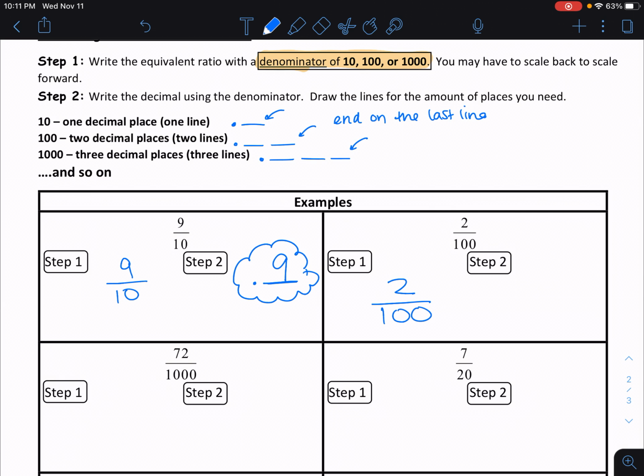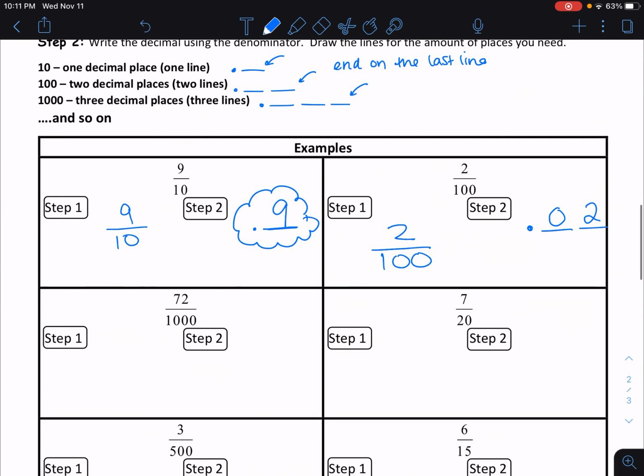In this second one, because my fraction is out of 100, I'm going to have a decimal with 2 spaces. And my number must end in that second space. So there's going to be a 0 in the first one. For 72 out of 1,000, I'm going to have 3 spaces. 1, 2, 3.